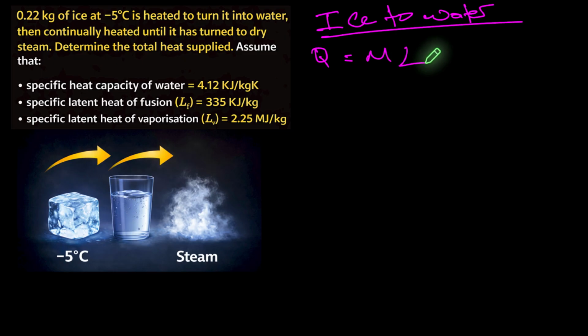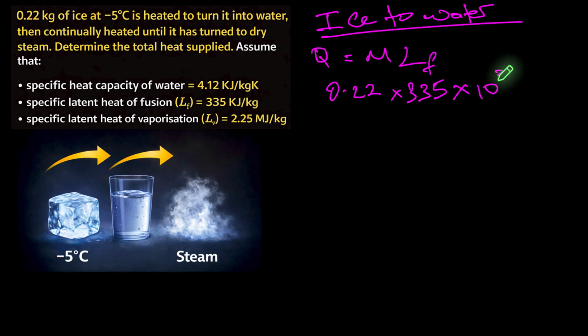But the type of latent heat we need to use at this stage is the latent heat of fusion, so you will see this subscript F. Now our mass, M, is 0.22 kilo, and our specific latent heat of fusion is 335 kilojoules per kilo. So you have to ensure that you write this as 335 multiplied by 10 to the power of 3 because it's kilojoules.